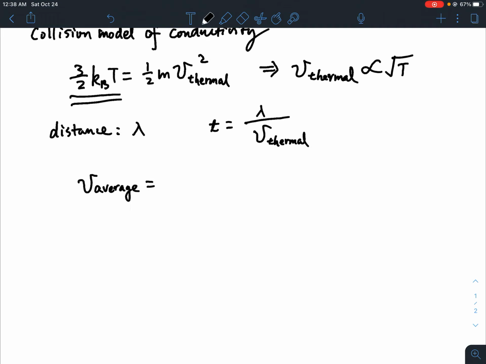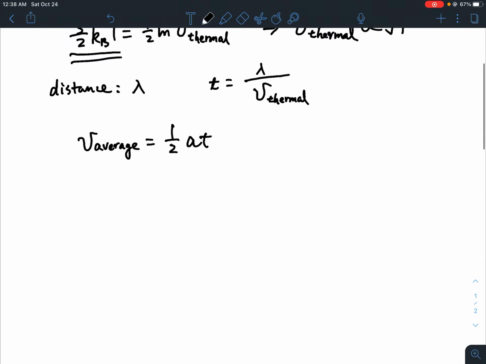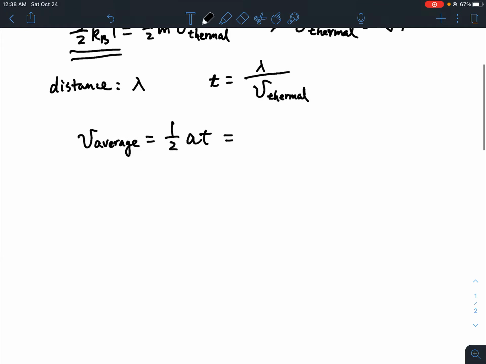The electrons start from zero and accelerate as a t, so the average speed is 1/2 a t. Putting things together, the average speed is a lambda divided by 2 v_thermal.